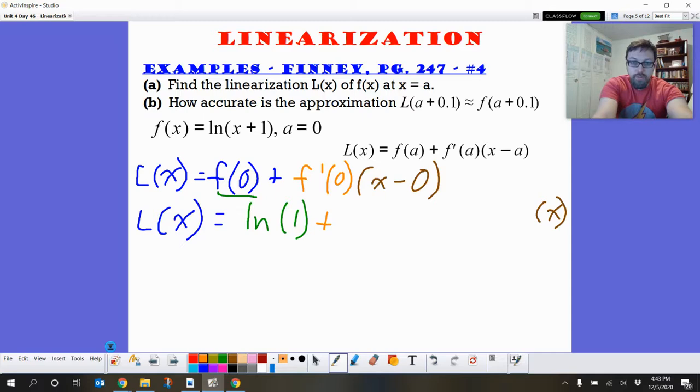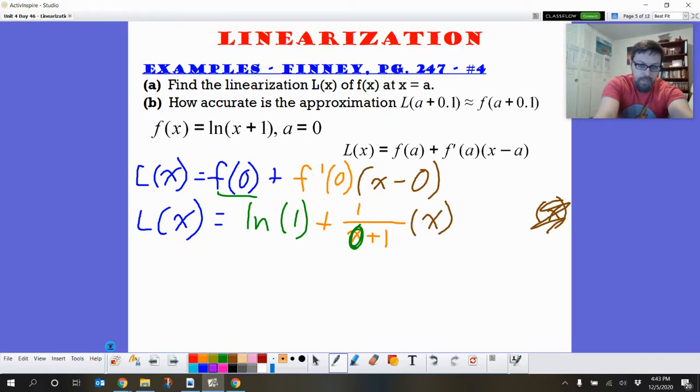The derivative of natural log is 1 over the inside, multiplied by the derivative of our inside. But the derivative of x plus 1 is just 1, so it's just going to stay 1 in the numerator. And I want to plug in 0, so I'm going to scribble over that x and make it a 0.